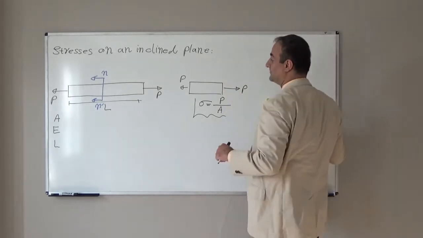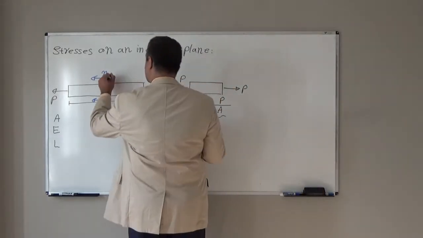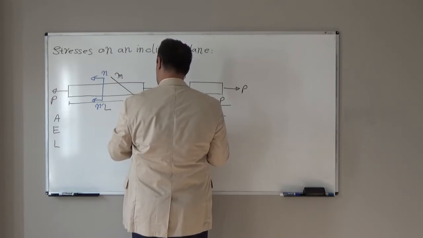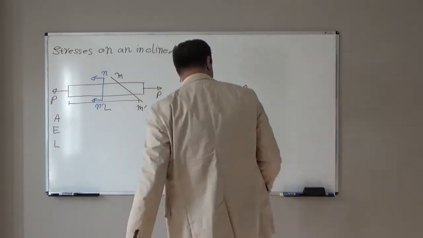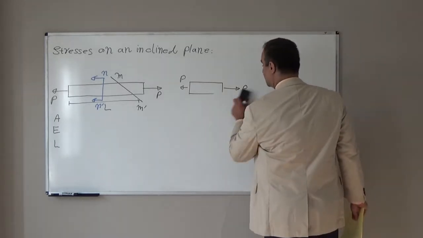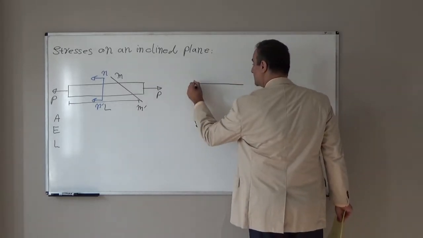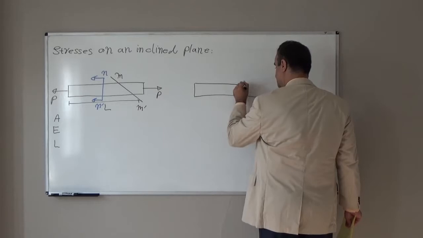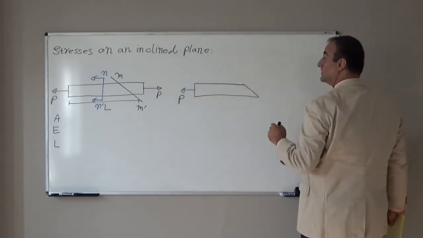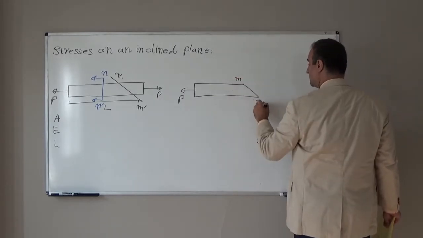Let's see what happens if we cut it with one inclined plane, something like this, and this plane I call M prime. If I look at the two free body diagrams, here this is P, and this is the inclined plane, M prime.